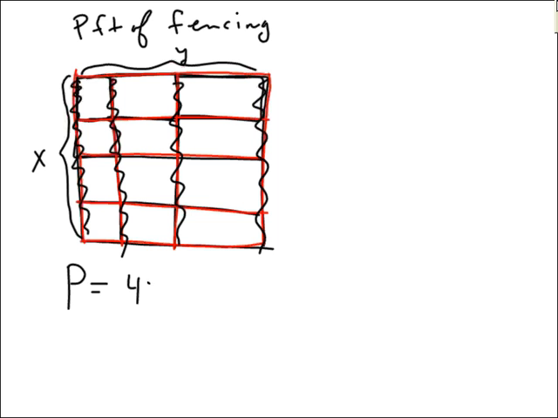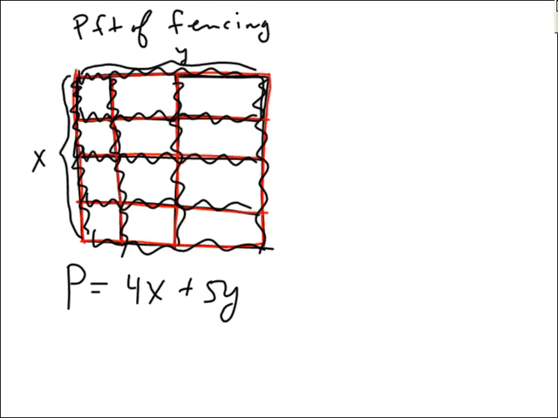That is, I need 4x feet of fencing, plus the y's. 1y, 2y's, 3y's, and 4y's, and 5y's. This is how much fencing I need, and it's going to equal P feet. Now the area, of course, is x times y.